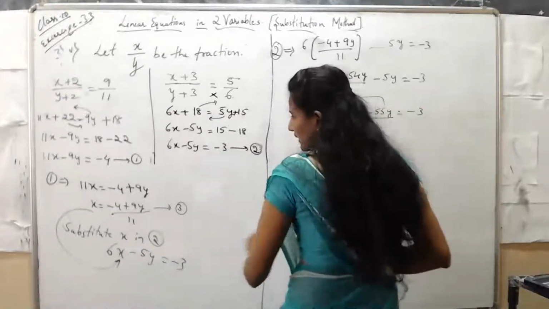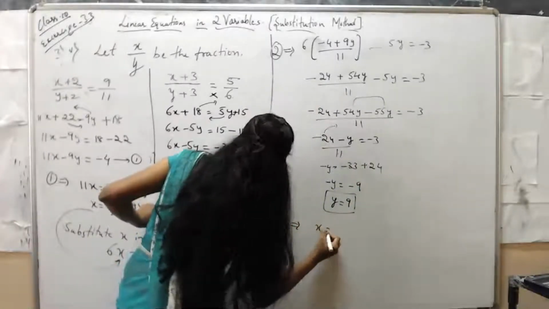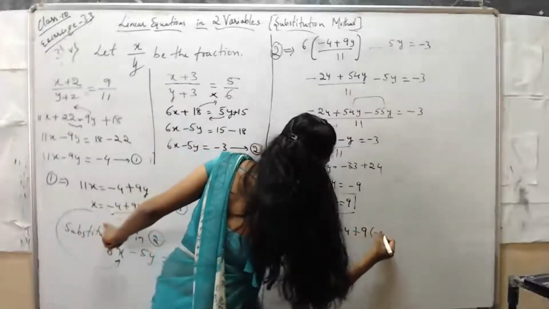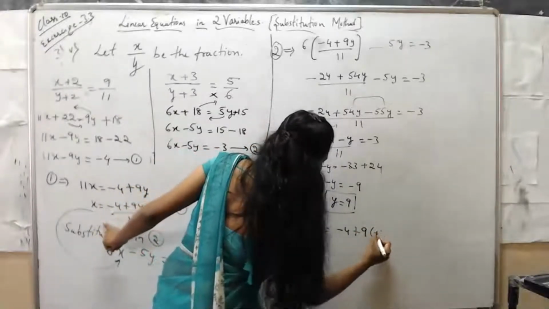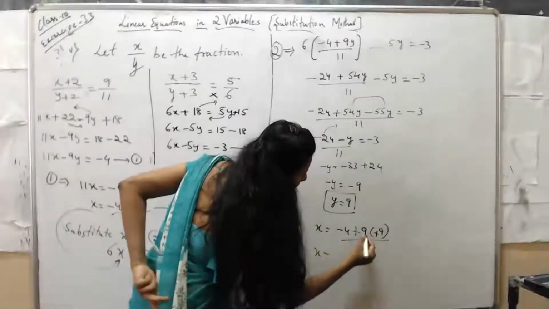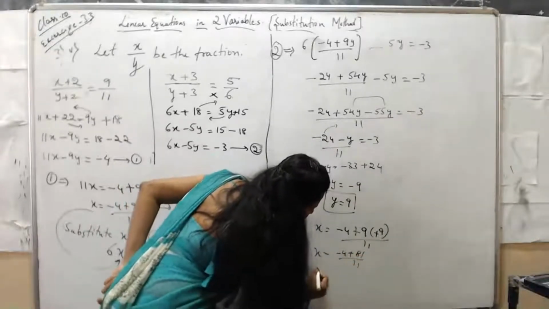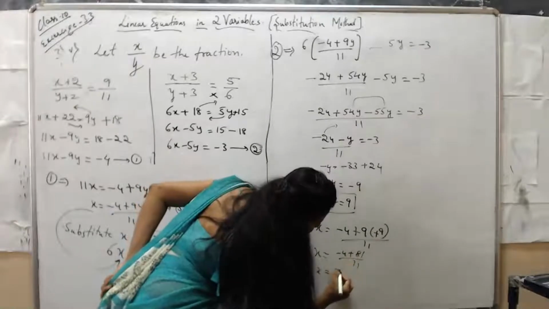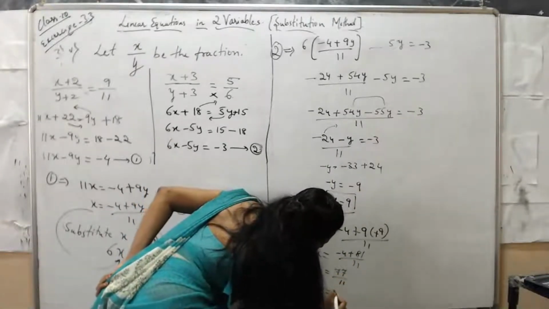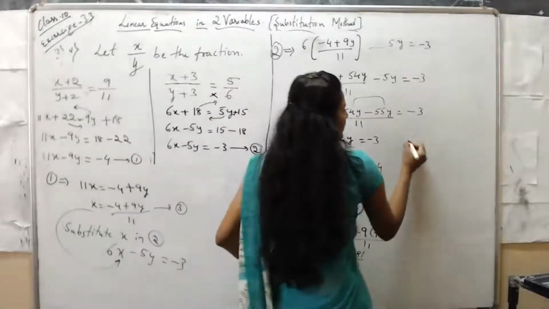If you substitute y is equal to 9 in equation 3, x is equal to minus 4 plus 9 into 9 divided by 11. 9 nines are 81. 81 minus 4 is 77 divided by 11. Therefore, x is equal to 7. 11 sevens are 77.